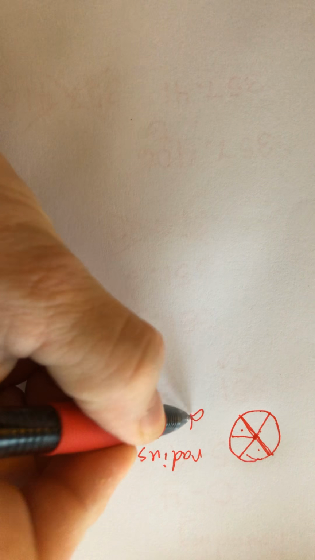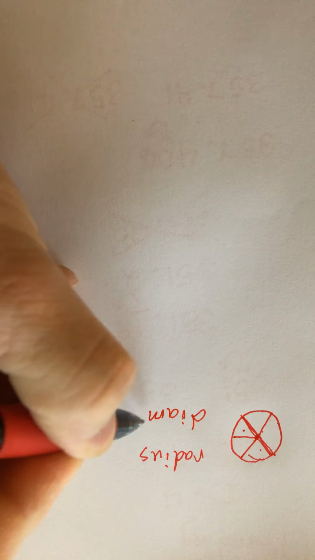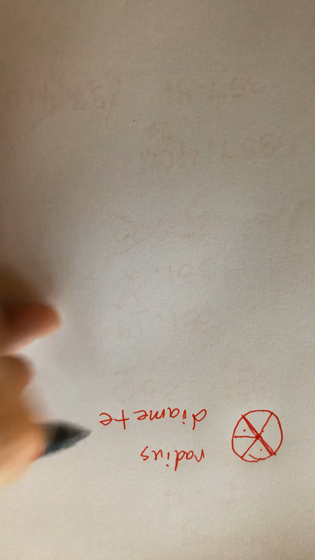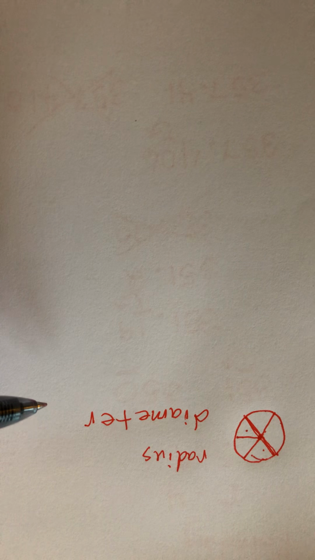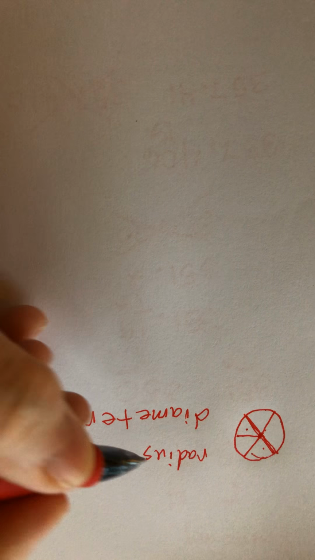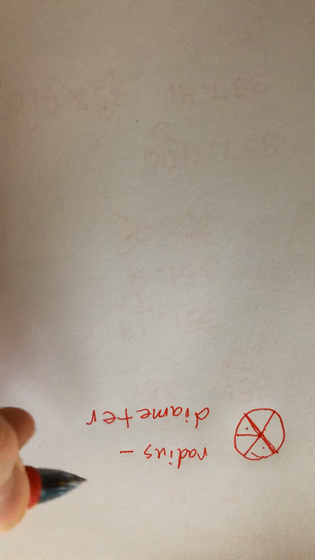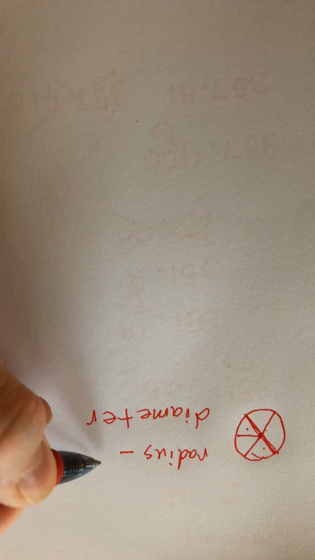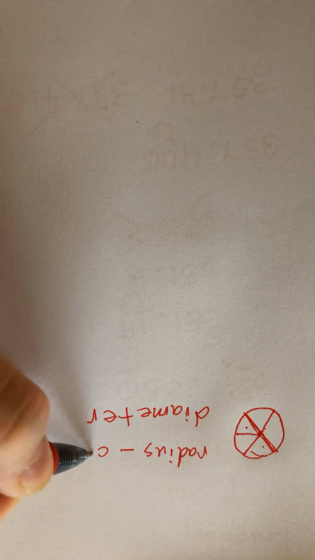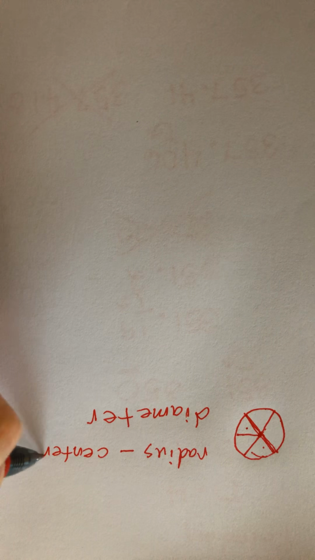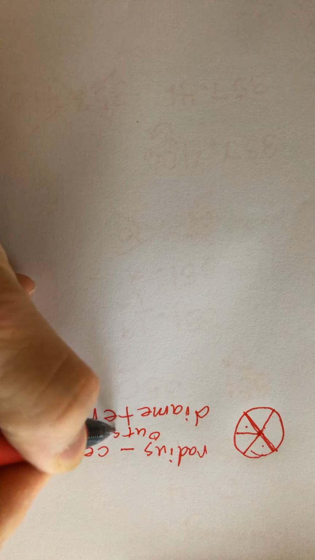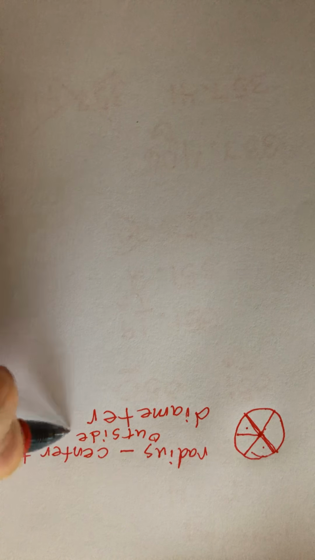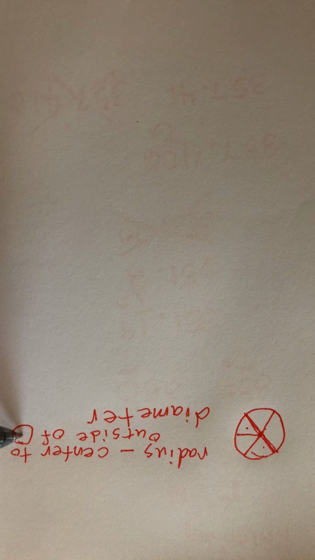The diameter is the distance across a circle, and it goes from one side of the circle to the other side of the circle through the center. So the radius goes from the center to the outside of the circle, and I'm going to use this little symbol for circle with a dot in it.